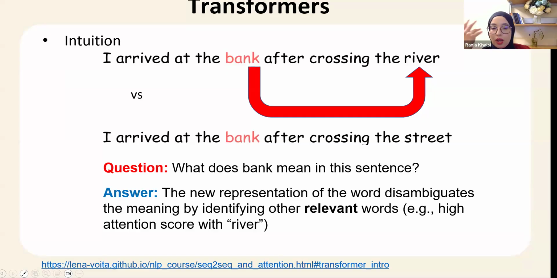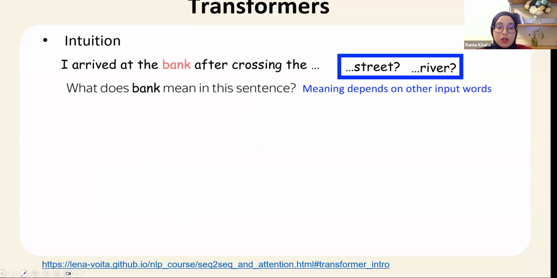For example, on your phone, you type and it suggests some auto-completion. Now the model uses self-attention to determine which word is most likely to follow based on the learned relevance patterns.